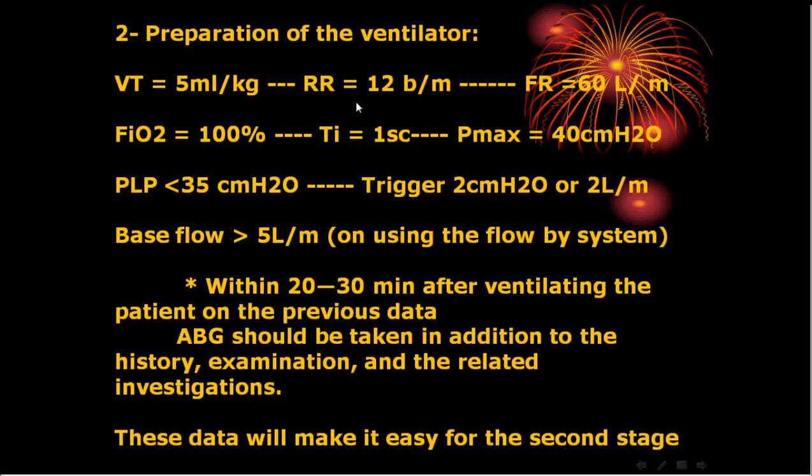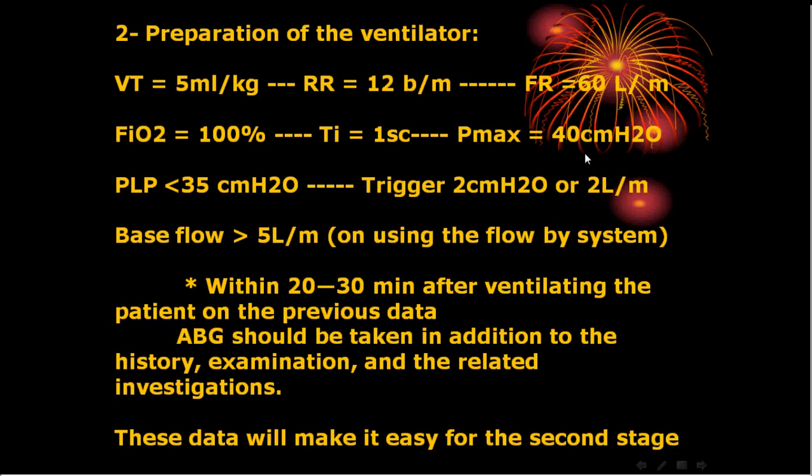Respiratory rate, just put about 12 or 15, something like that. After that, the flow of this volume you will set at 60 liters per minute. For the FiO2, usually it is 100%. This is to start with. And inspiratory time, if it is volume or pressure, you will put it at 1 second.